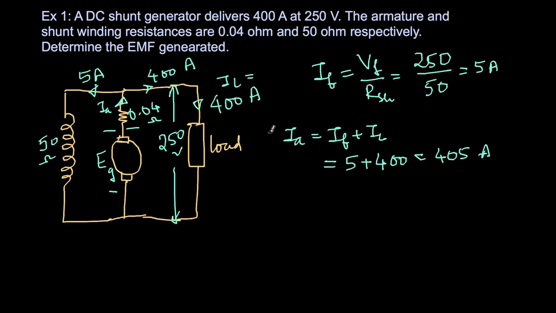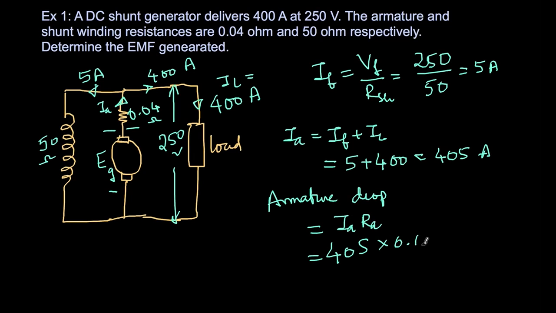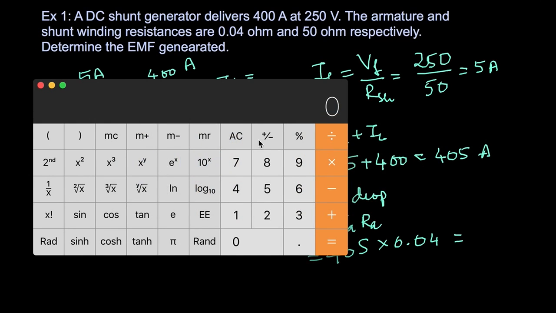Now we have the 405 ampere IA current, so I can find out the armature drop. This is IA RA, where RA is the symbol for the resistance of the armature. So 405 multiplied by 0.04. How much does that come to? Let me use a calculator. 405 multiplied by 0.04, I'm getting 16.2 volts.